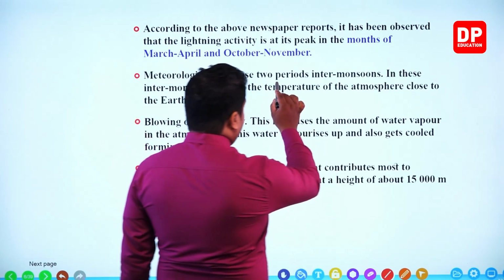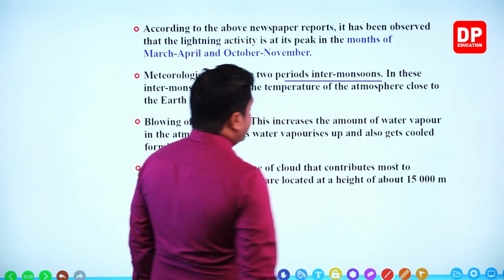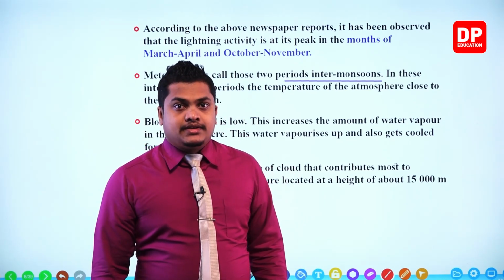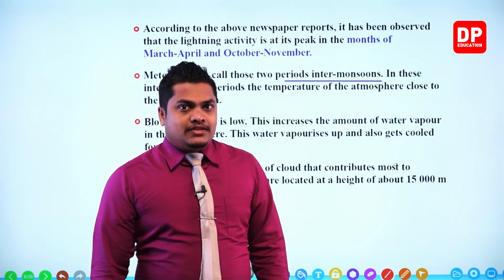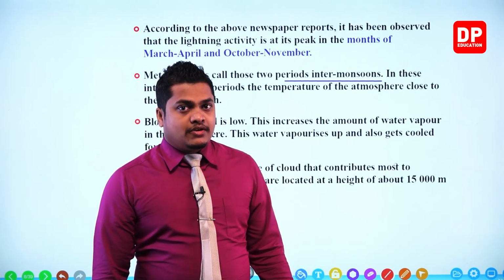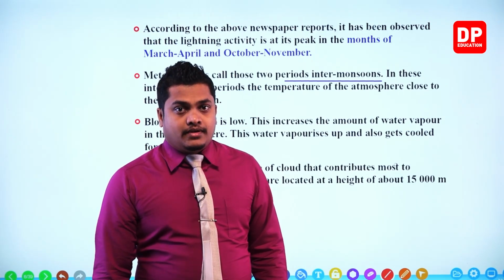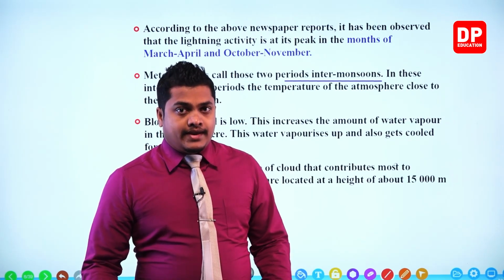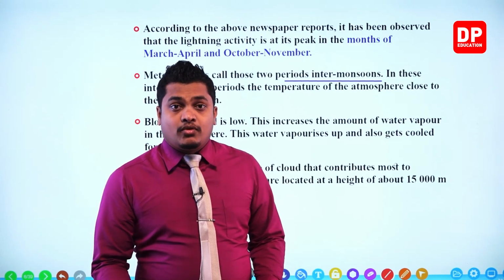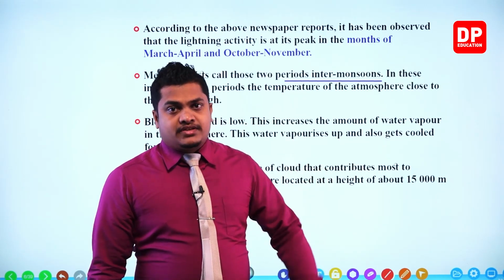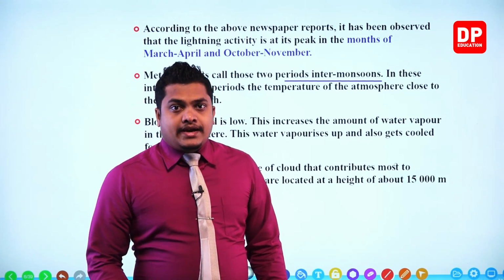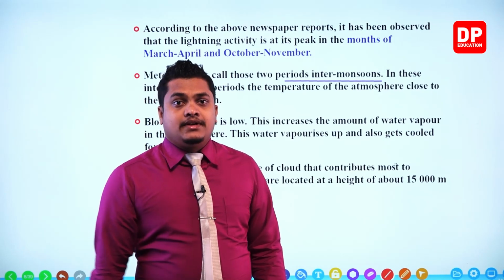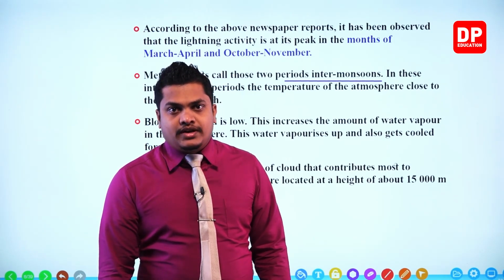Like I said, my dear children, these time periods are referred to as intermonsoonal time periods. So we receive rain usually during these time periods because of the intermonsoonal rains. Because of the intermonsoonal rains, we receive water within these months, my dear children. With that, not only rain, we receive plenty of lightning strikes as well.